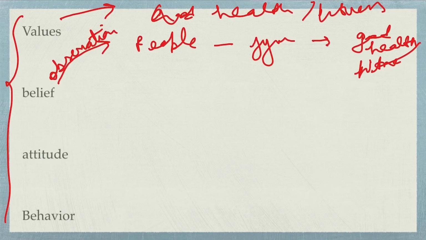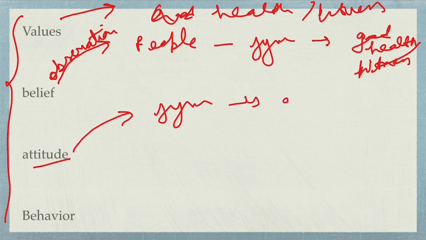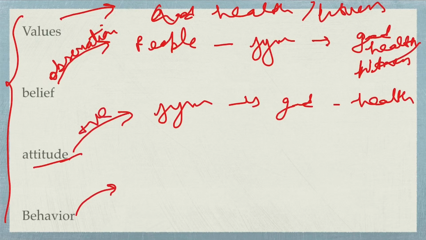He has this belief because he has observed these things. Now attitude. His attitude now is that the gym is good for health. This is attitude. Now behavior. If he has a positive attitude, then this attitude will guide his action. So his action will be that he will join the gym.